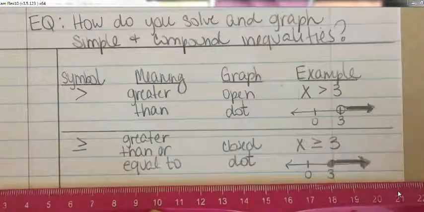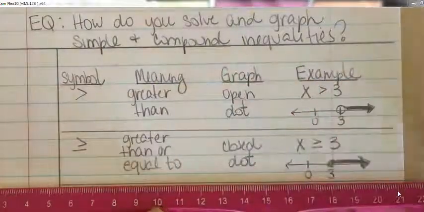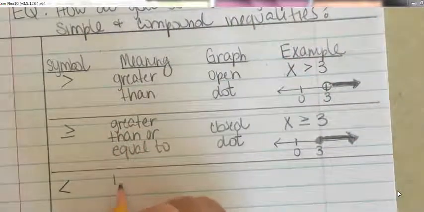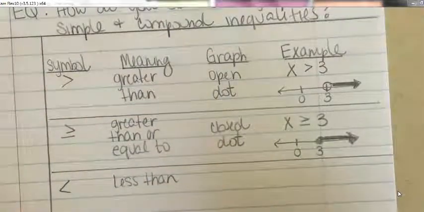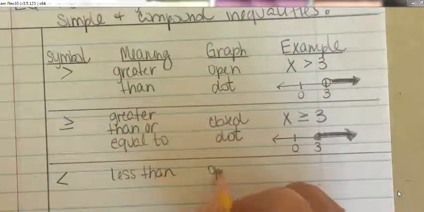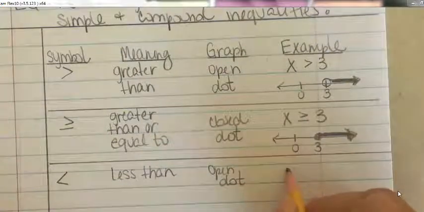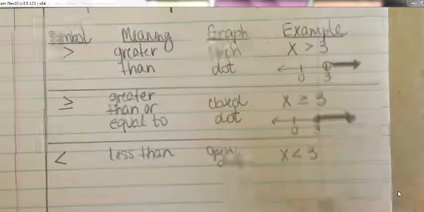And then we'll do the same thing for the less than symbols. So this is less than. Once again, this will be an open dot. So if I did x, how about we just stay with 3? x less than 3.